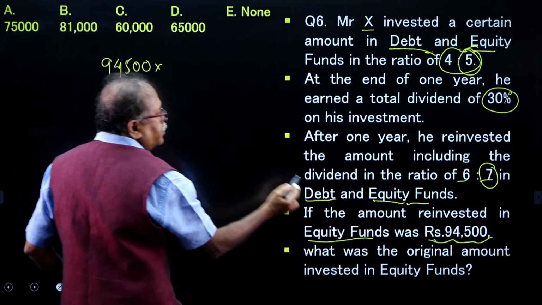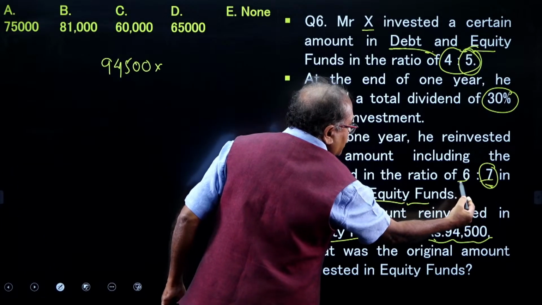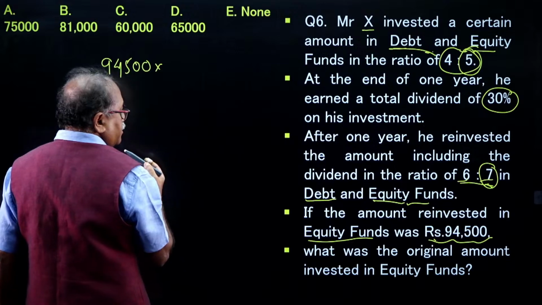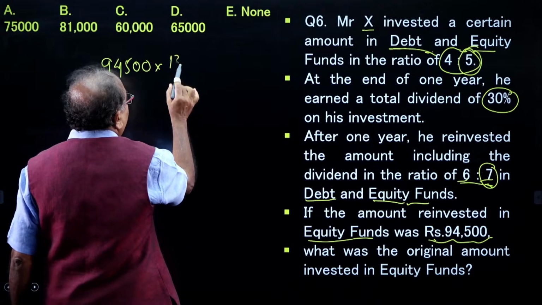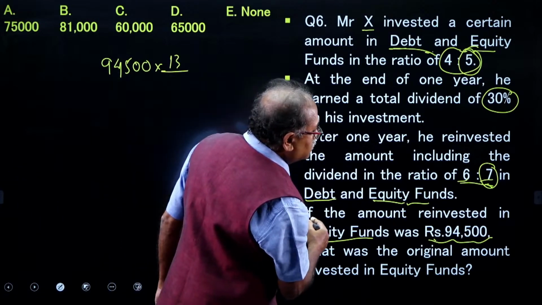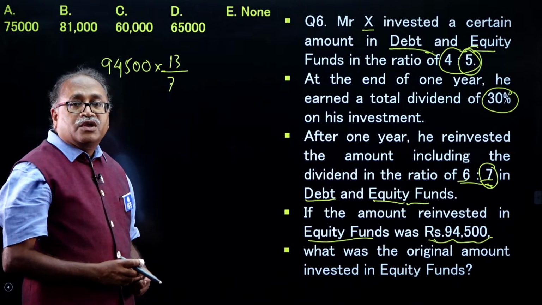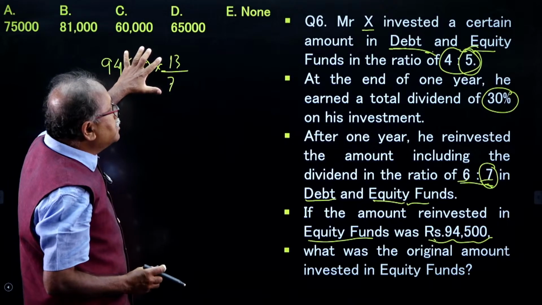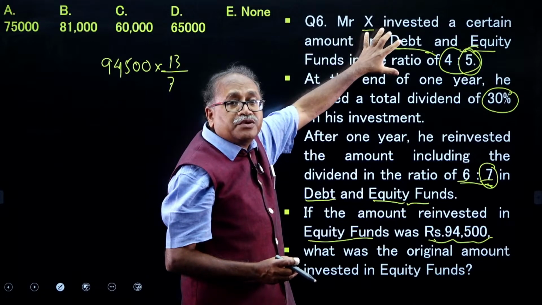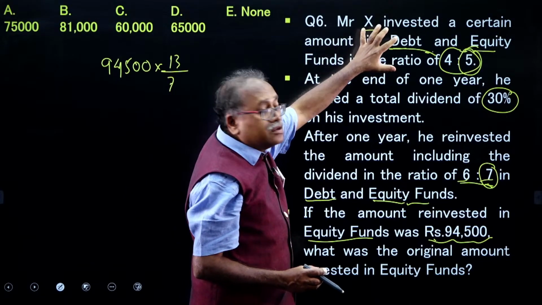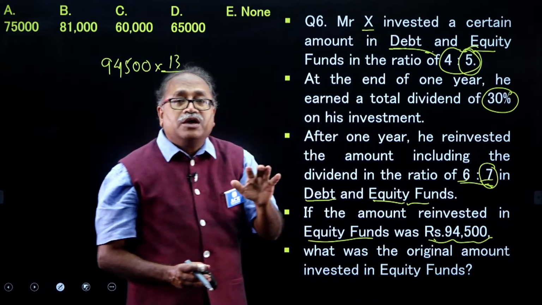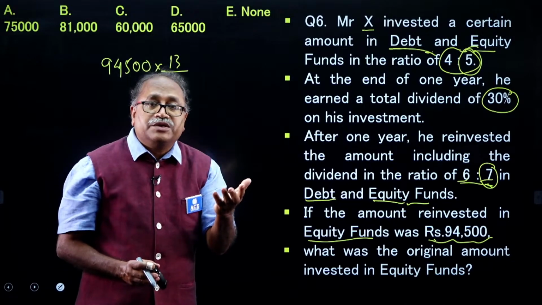94,500 into, this is 7 part, I need 13 part over here, so that is 13 by 7. Now, this is 130% of the initial investment. In order to get the initial investment, I need to find out 100%.